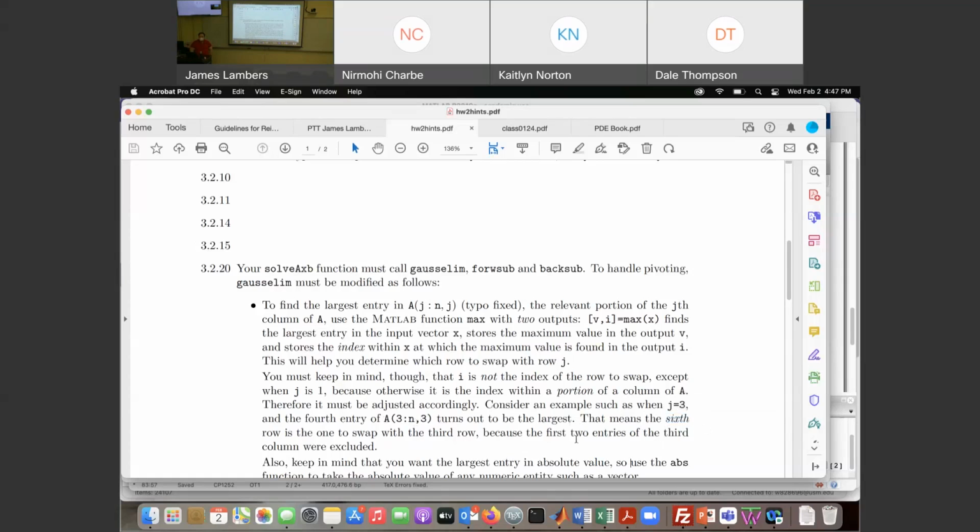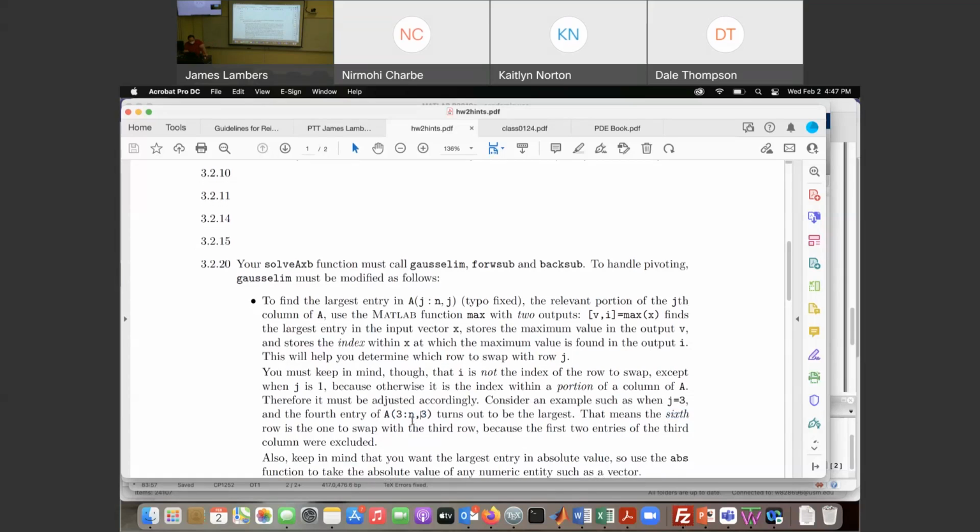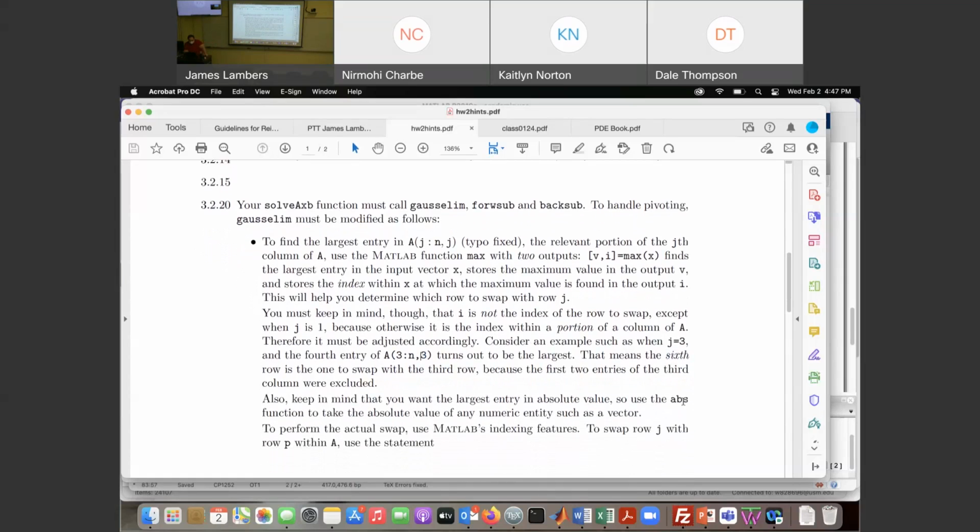So you need to figure out in general for column J, how do you shift the index where you find the largest element to determine the correct rows to swap. Use ABS to take the absolute value of any entry.